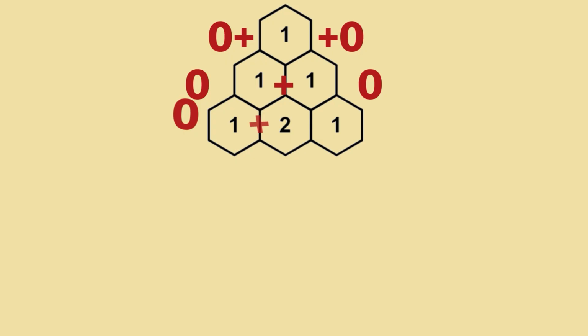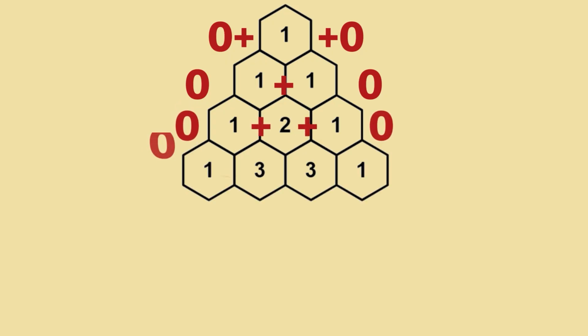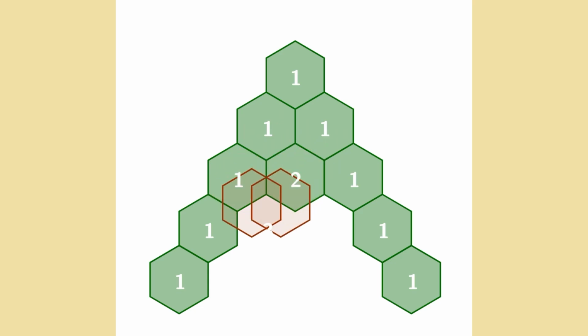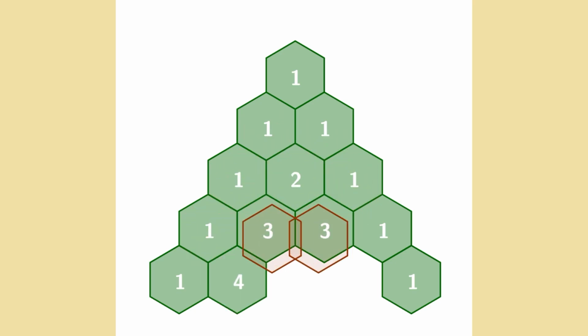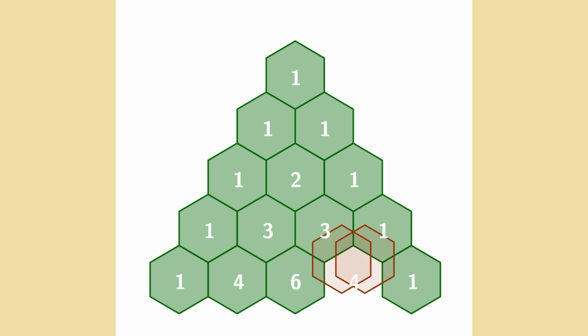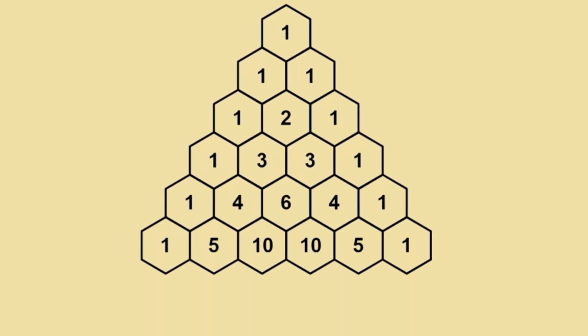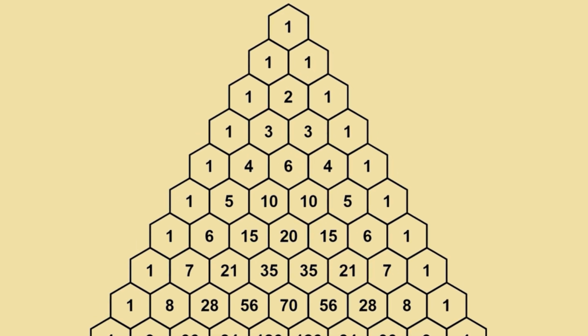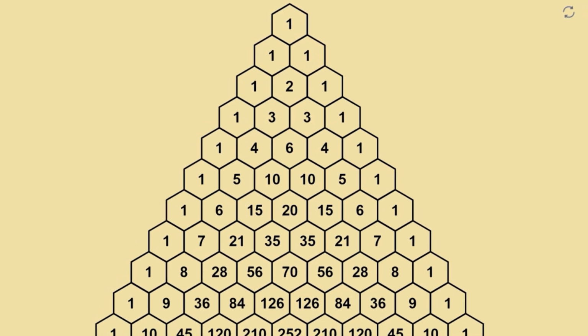The result becomes the number directly beneath them in the next row. Each new row is created simply by adding neighboring numbers from the row above. And this process never stops. Row after row, the triangle grows downward, endlessly. That is the first secret. The triangle generates itself from a simple rule of addition.